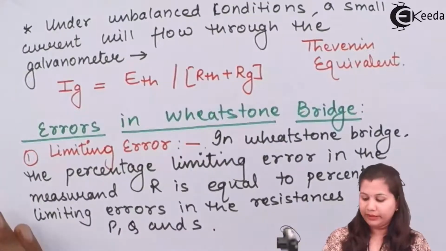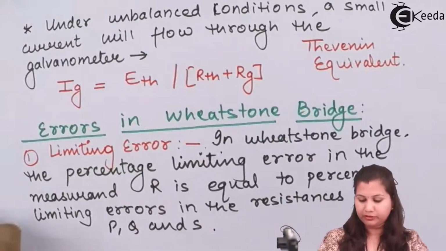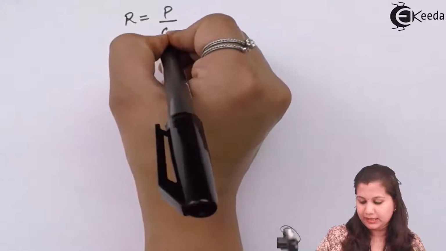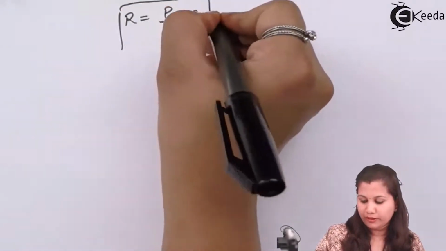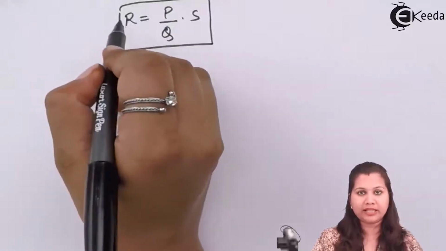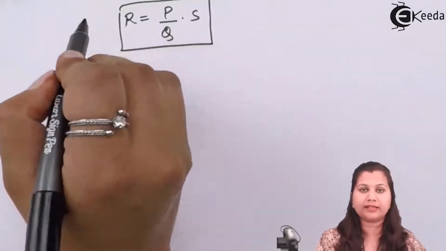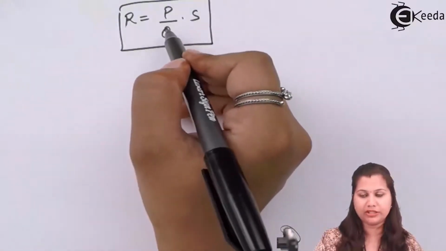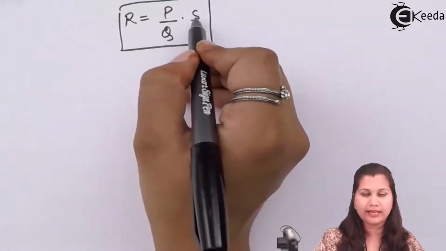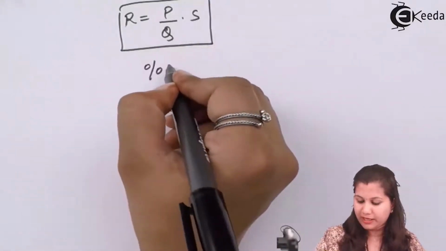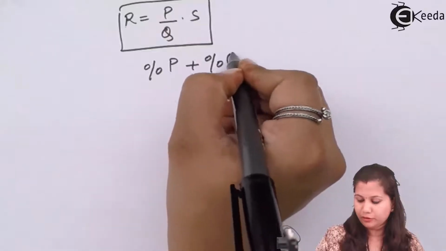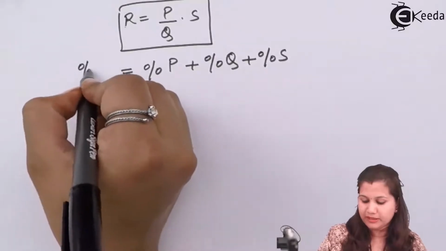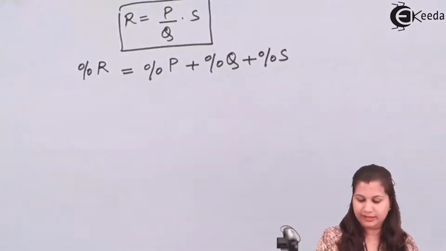So how can we calculate? Here we have the formula, the relationship between R and P, Q and S. If you want to find the percentage limiting error in the measurement of R, the unknown resistance, it will be equal to the sum of the percentage limiting errors in P, Q and S. So the percentage limiting error in P plus the percentage limiting error in Q plus the percentage limiting error in S is equal to the percentage limiting error in the unknown resistance.